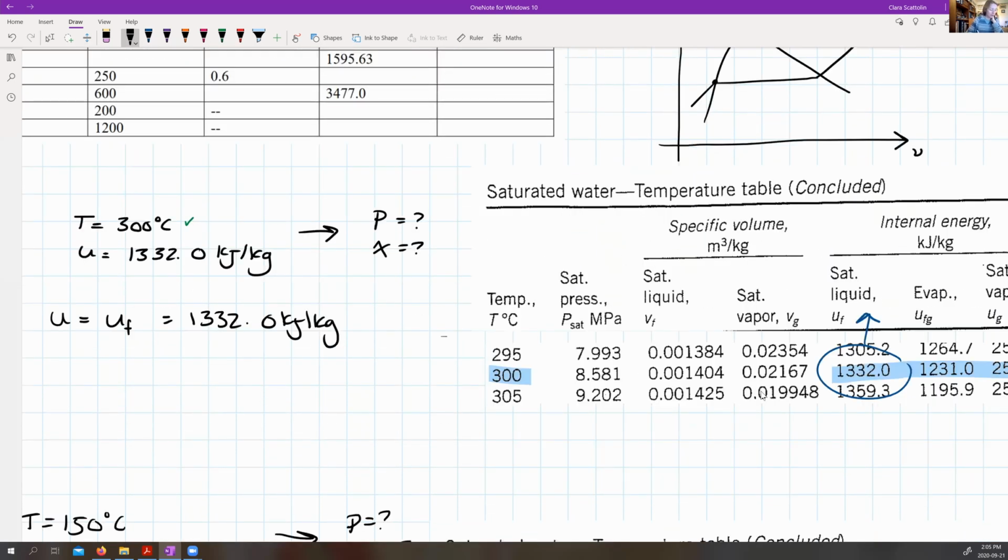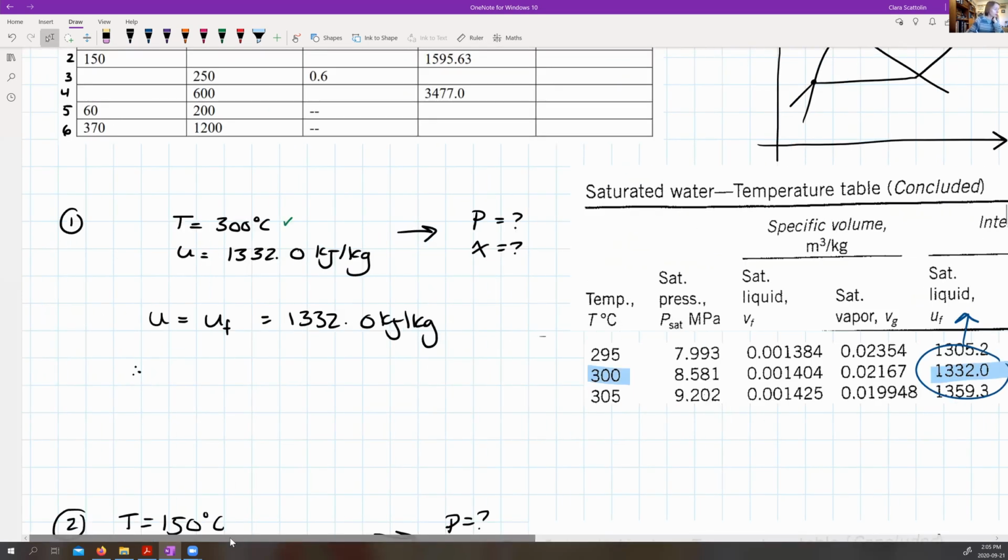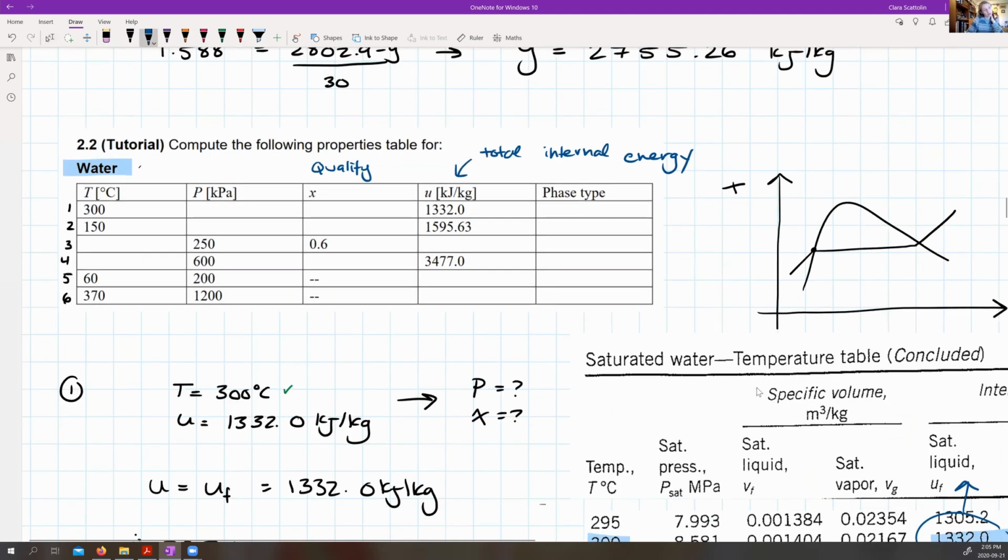So U is equal to UF. Therefore, I like to use some of the math lingo, the triple dots for therefore, P is equal to P sat. My pressure is equal to my saturated pressure, because remember that the lines that we exist on are constant for a constant pressure, right?